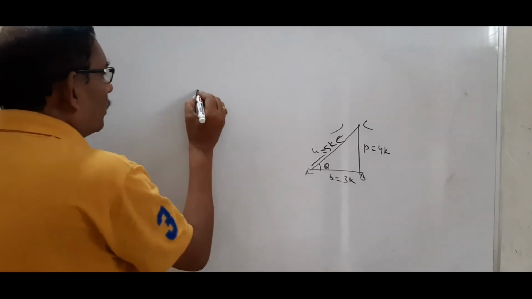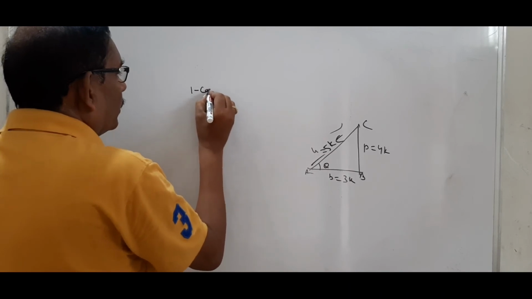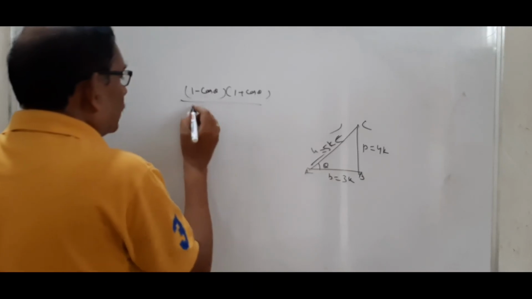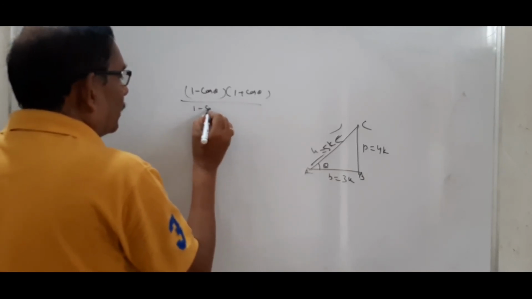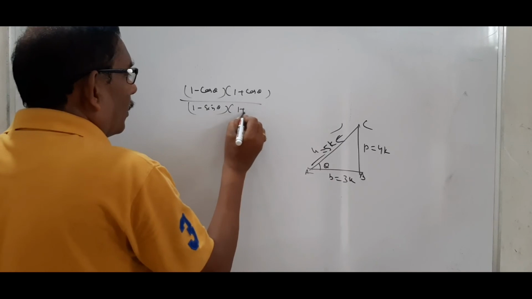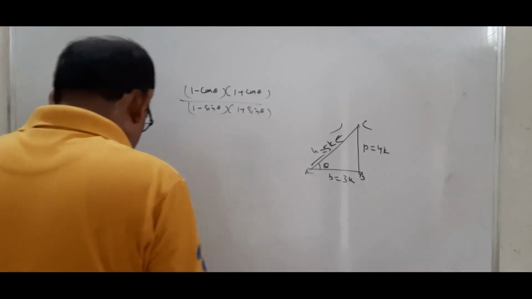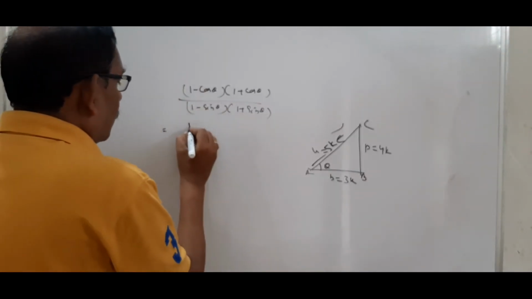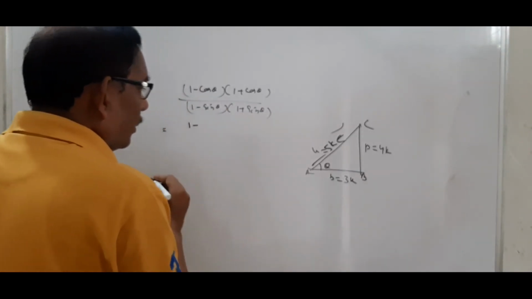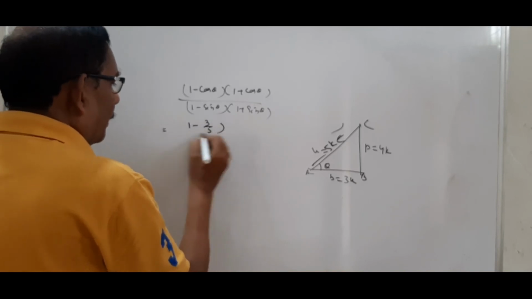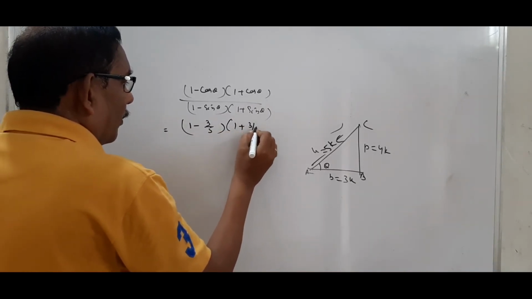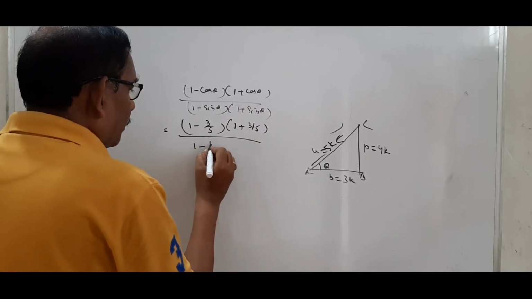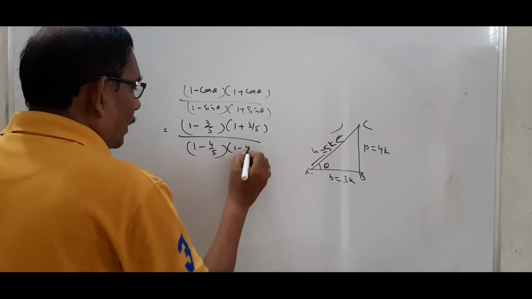Now put the values into the expression: 1 minus cos theta, 1 plus cos theta, over 1 minus sin theta, 1 plus sin theta. Cos theta is 3 by 5, so 1 plus 3 by 5. Sin theta is 4 by 5, so 1 minus 4 by 5.